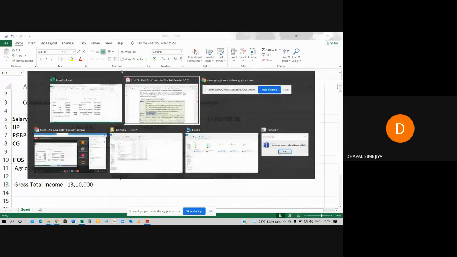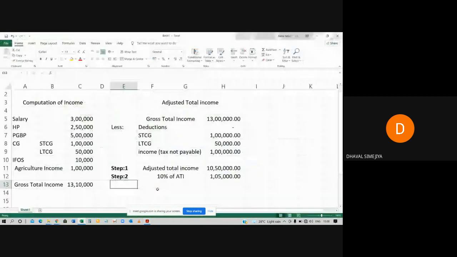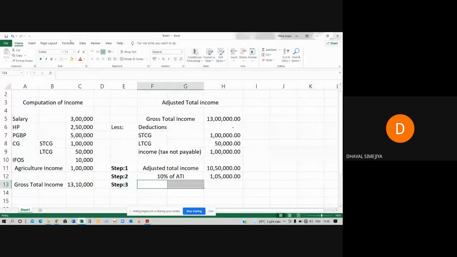Now, step number 3. Calculate actual donations, which is subject to qualifying limit. It means whatever total of category 3 and category 4 donations shown in table above. It means you have donated in table number 3 and table number 4. That's what you are supposed to write down here. Donations of table 3 and table 4.